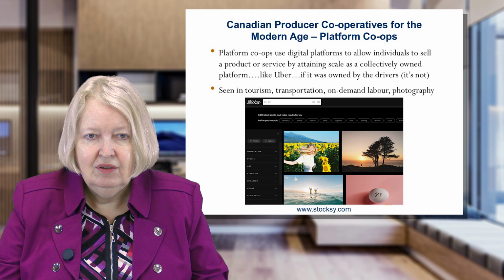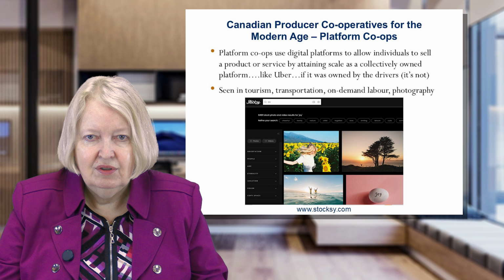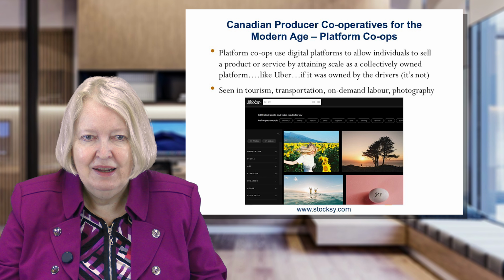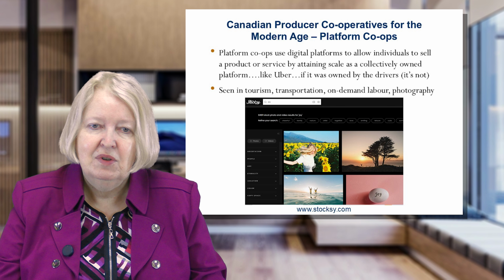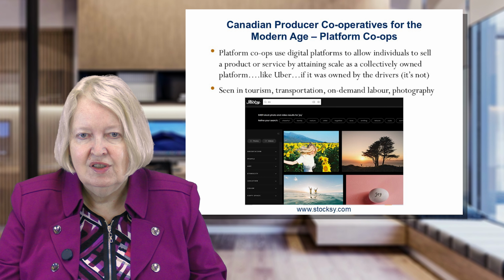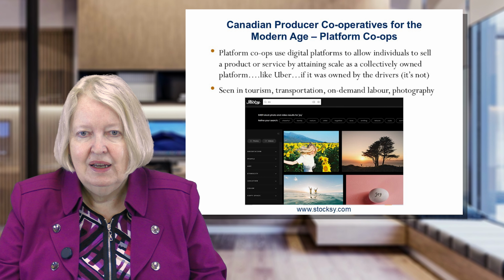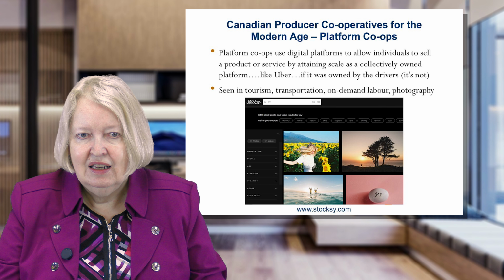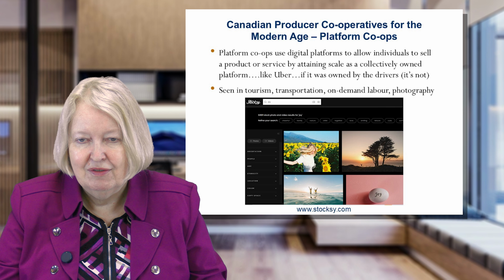Another type of producer co-op, which is a cooperative for the modern age, is called a platform co-op. Platform co-ops use digital platforms to allow individuals to sell a product or service by attaining scale as a collectively owned platform. It's kind of like Uber if it was owned by the drivers, which it's not, but it's that type of thing.